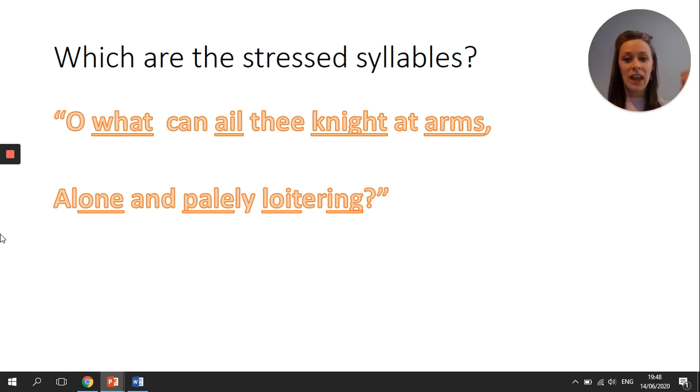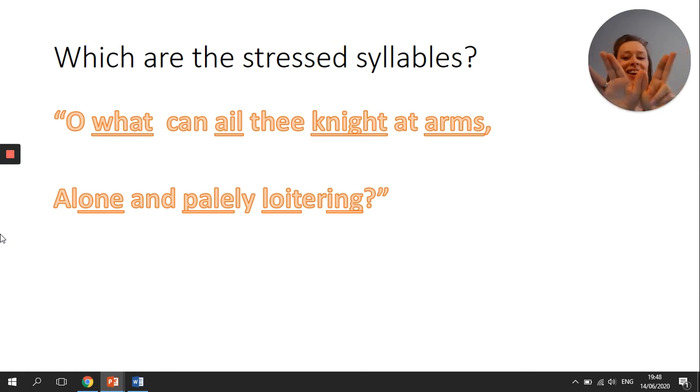Oh, what can ail thee knight at arms is actually iambic tetrameter, because you've got 8 beats, and each beat is in a little pair, which is an iamb, so you've got 4 pairs of iambs, like that.